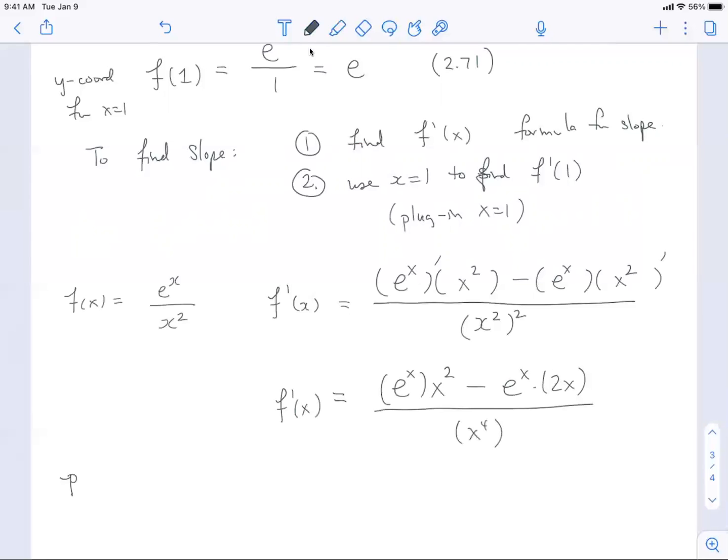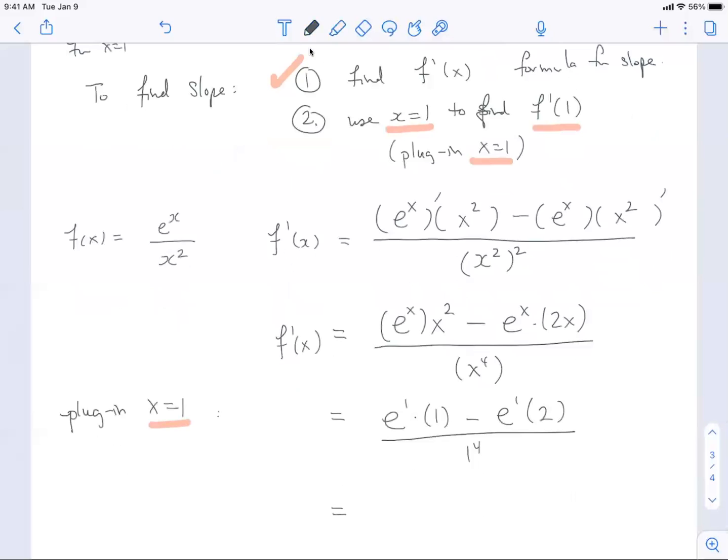And now I plug in x equals 1. Remember that was my plan: after I found the derivative, I was going to use x equals 1 to find the slope at this point. I could do it on my calculator, might be easiest, but I'm going to get e to the 1 times 1 minus e to the 1 times 2, all over 1 to the 4th. I'm plugging in x equals 1.